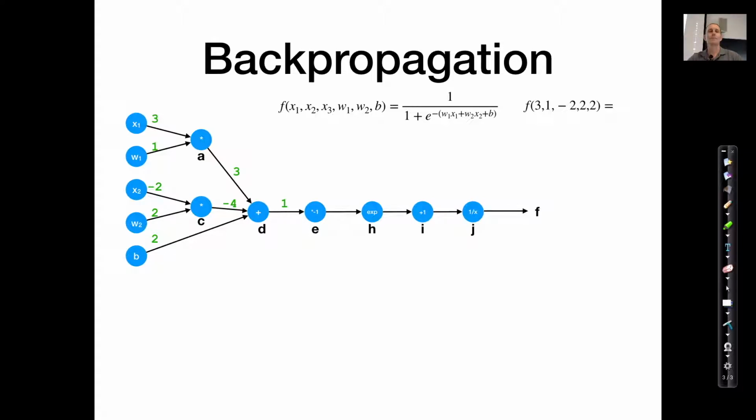We can see how we get to our plus, which gives us 1 times -1 is -1. e to the -1 is about 0.4 maybe, a third, 0.37, not bad. It's not like I've not seen these numbers before though. We add 1, 1.37, 1 over that is going to be 0.73, very good. So F is equal to 0.73.